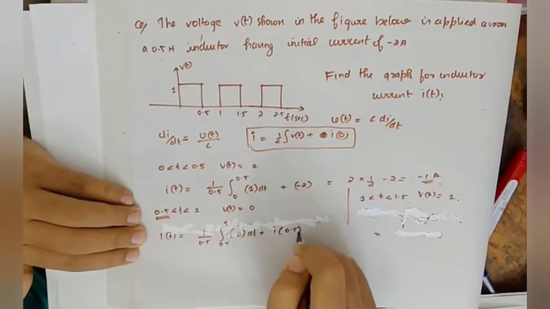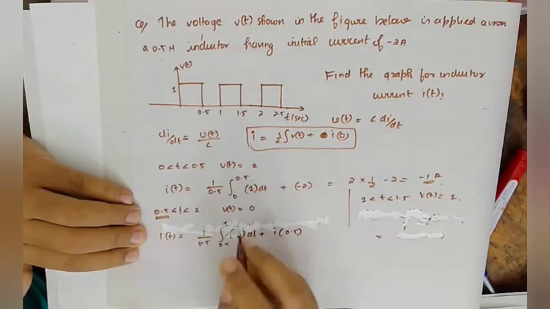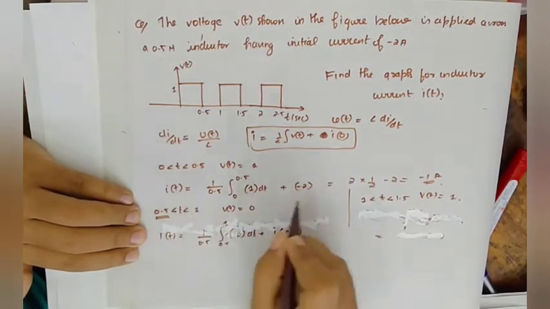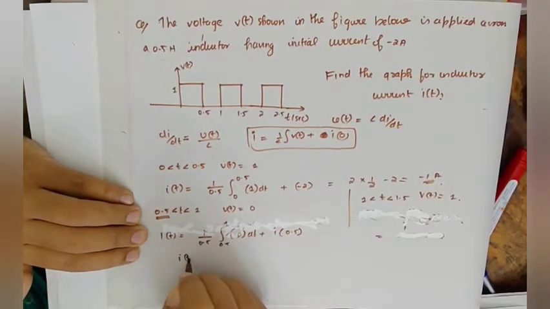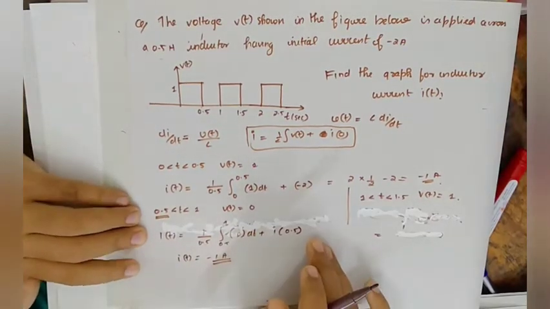So please don't make this mistake. Please don't write I of 0 here. It is I of 0.5, because in this case the initial condition we are starting from 0.5. So what was I of 0.5? From 0 to 0.5 we have already found it out as minus 1. So I of 0.5 is minus 1 ampere. For 0.5 less than t less than 1, it is minus 1.